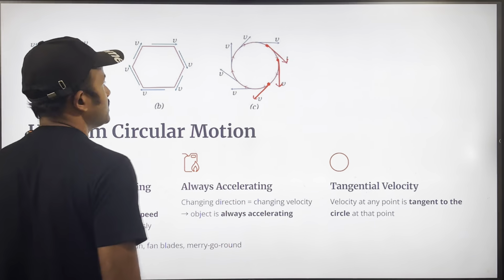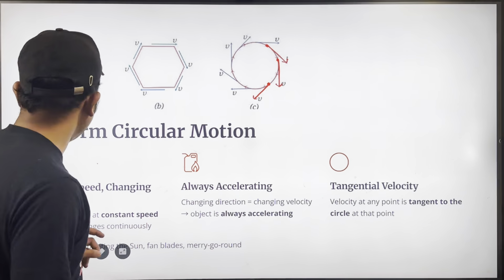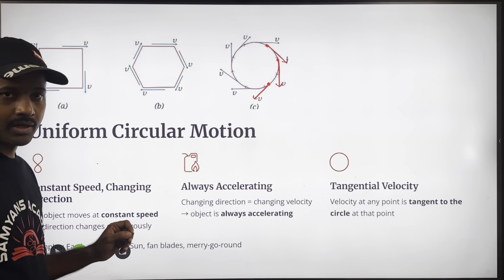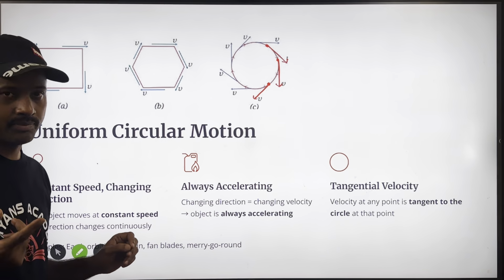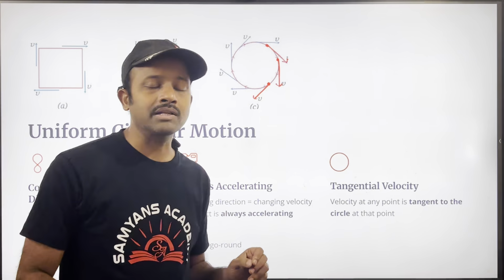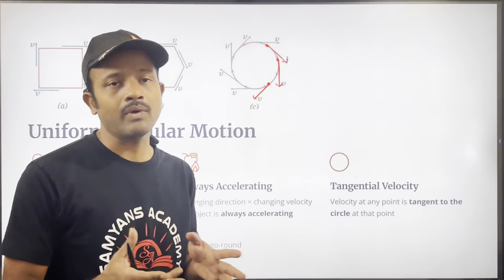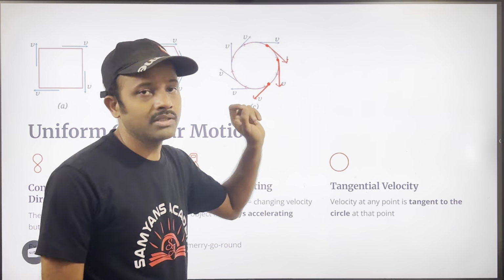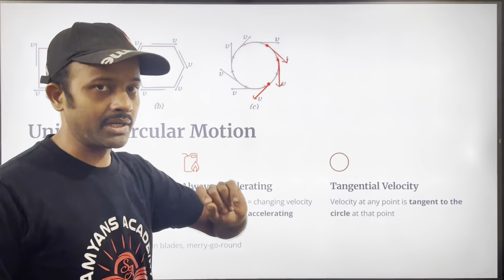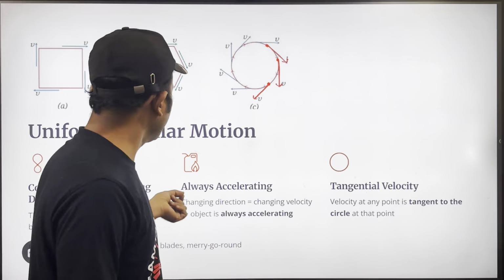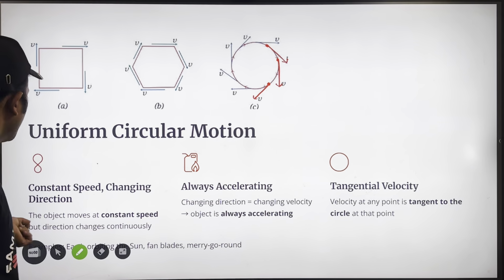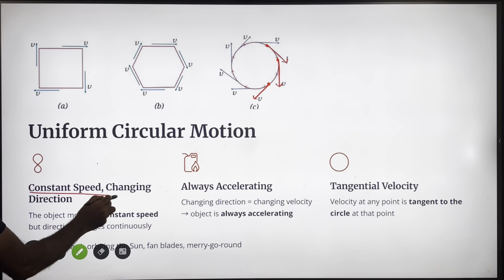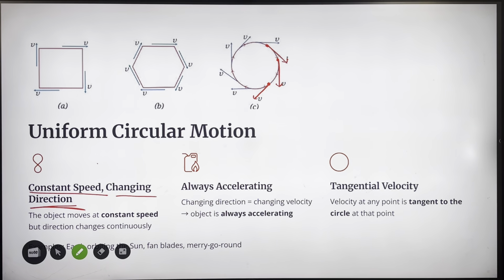Everywhere the direction of the particle is changing, but the particle is moving with constant speed. Speed is a scalar quantity, velocity is a vector quantity. While considering velocity, the direction is always changing, but its magnitude is the same. So in uniform circular motion, it moves with constant speed, but it changes the direction.